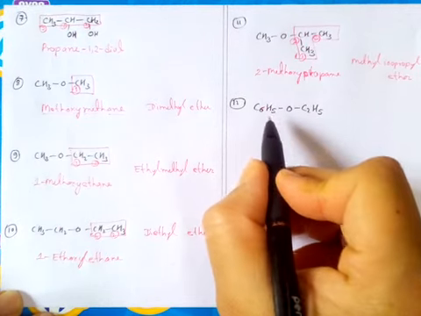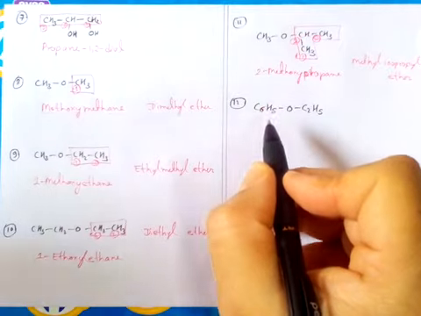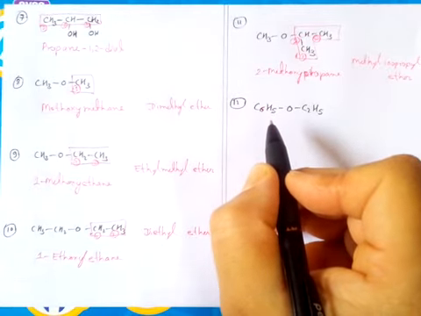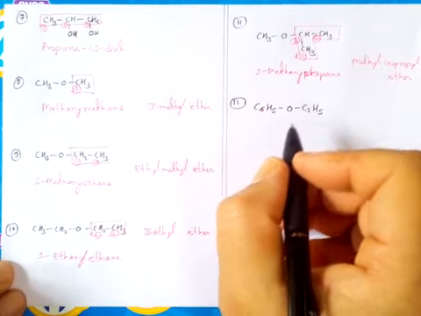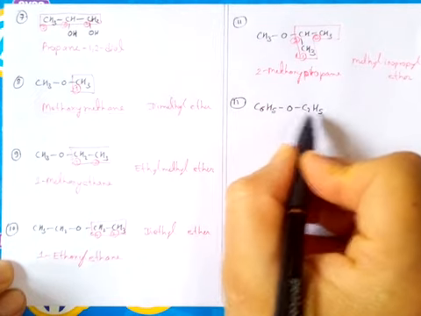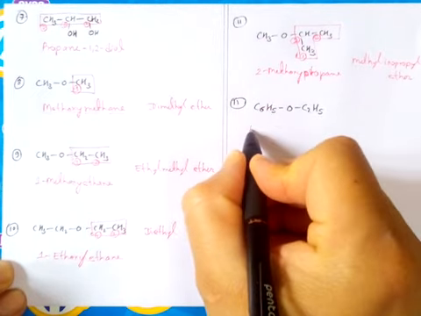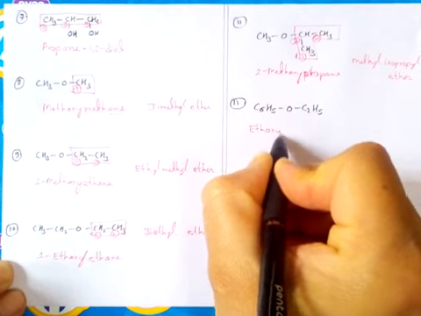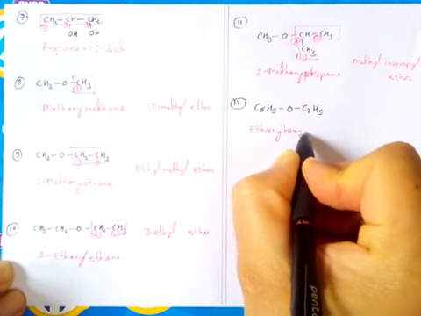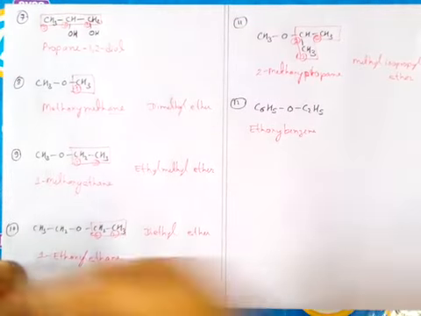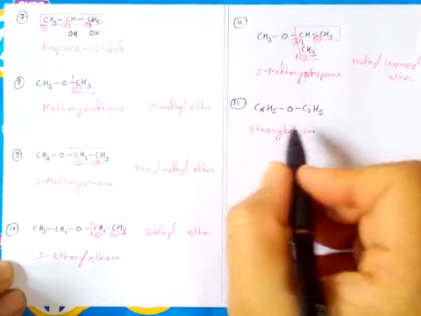Remember, benzene as a substituent is phenyl, and benzene as a parent chain is named benzene only. So this is your branch, so it's ethoxy, ethoxybenzene, because benzene is your parent chain.